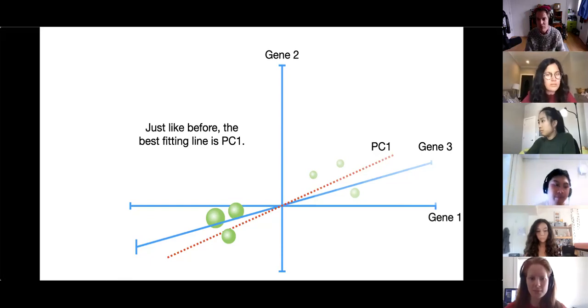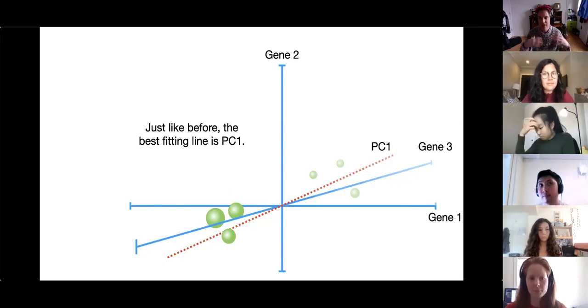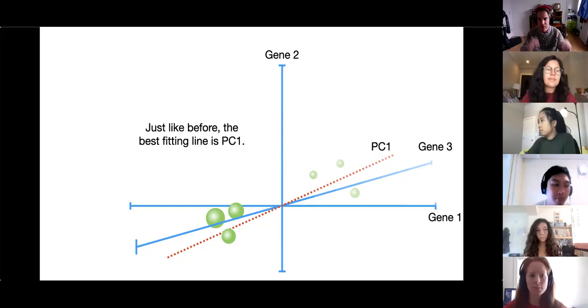And remember, we define best fitting as maximizing the squared distances between the origin and the data projected onto that line. That's our criteria for defining best.